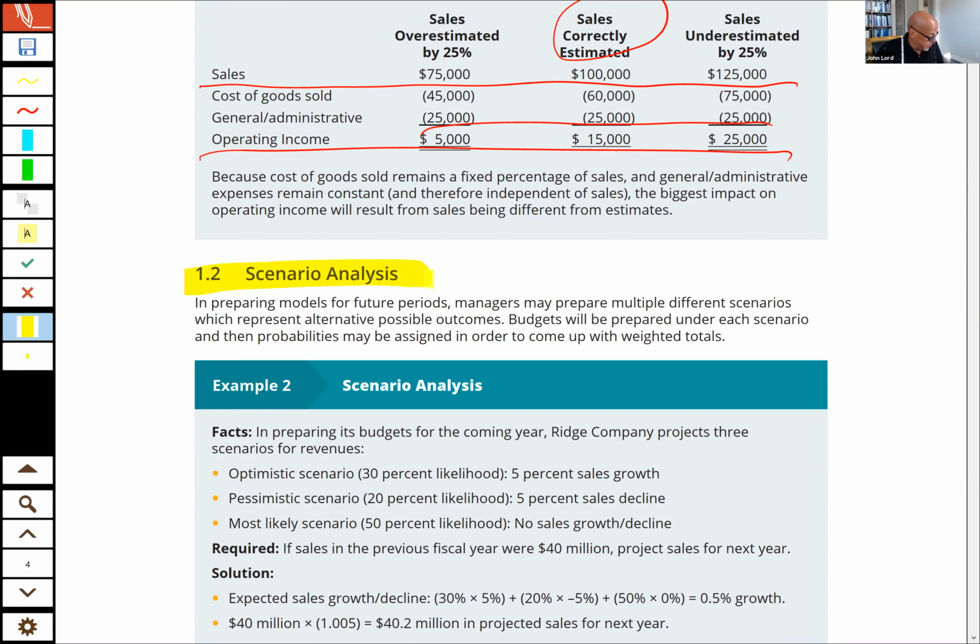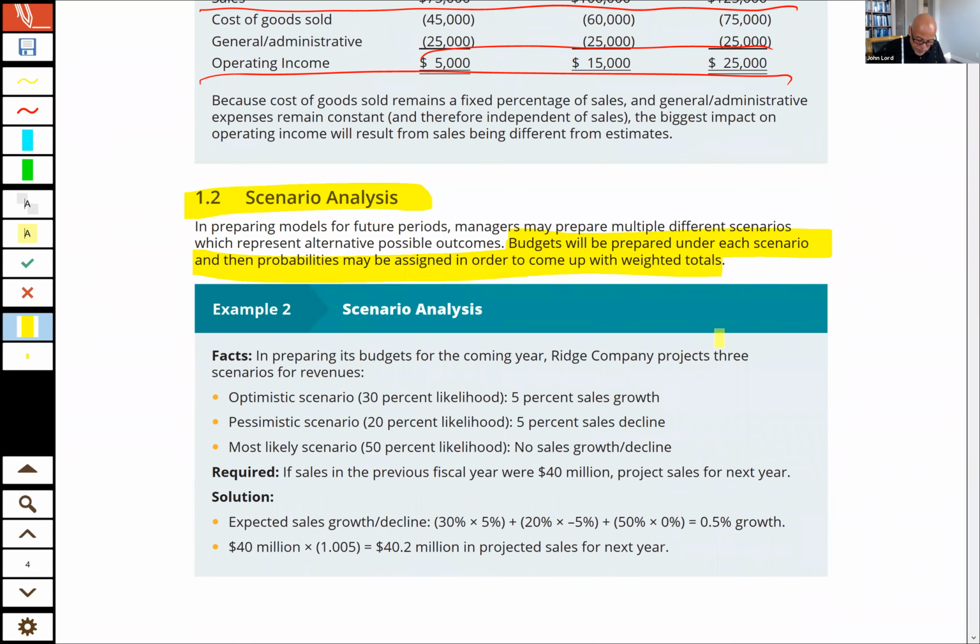Okay, scenario analysis. Basically what we're going to talk about here with scenario analysis is assigning probabilities to different outcomes and then adding those probabilities together to come up with essentially an expected value for a scenario, and then seeing what we think the expected value will be once we consider the percentages of the different scenarios.